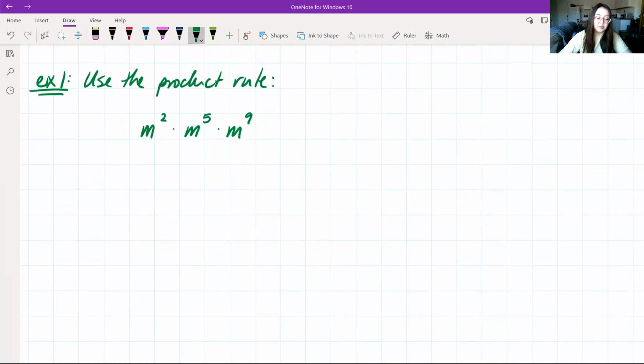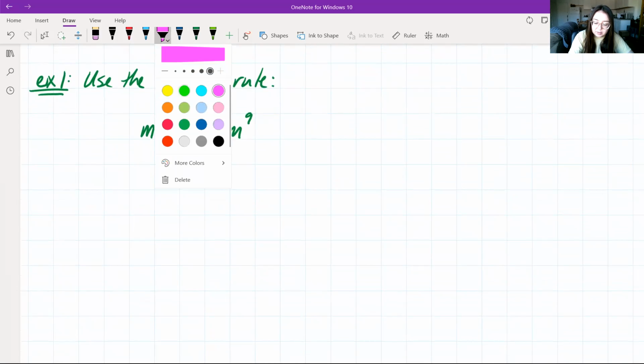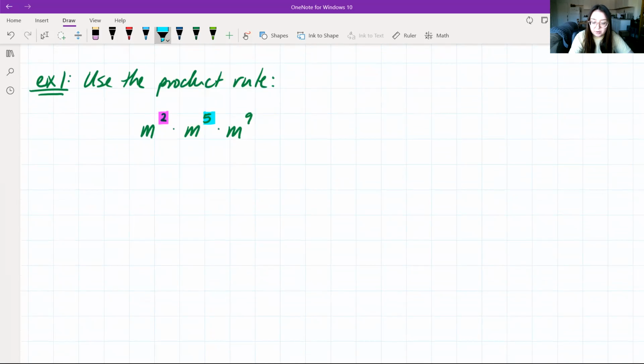And we can go ahead and put this into a little bit of practice. So we want to use the product rule, and we have m to the power of 2 times m to the power of 5 times m to the power of 9. So let's go ahead and color code our different exponents here, and then we'll write them out. So m to the power of 2 can be written as m times m.